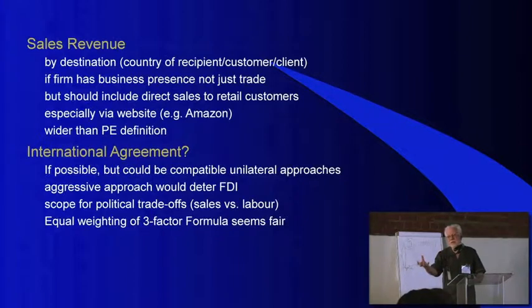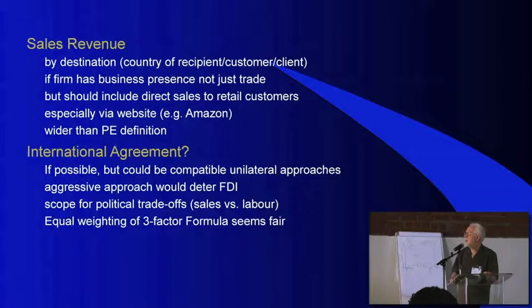So again, Amazon is considered as being based in Luxembourg, even though certainly in the UK it's Amazon Co UK, in Spain it's Amazon.es. So it offers a local website, but that's not a permanent establishment. But under this approach, I think you'd have to have a broader concept of doing business in a country.